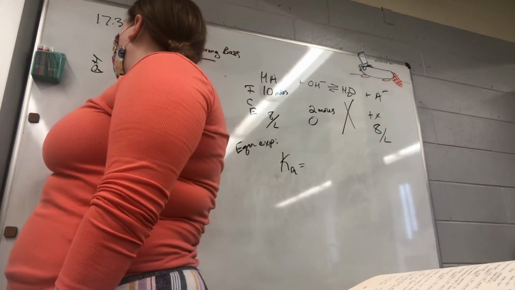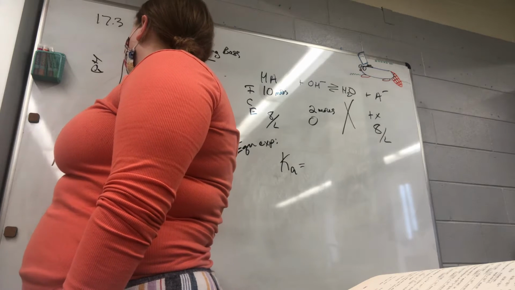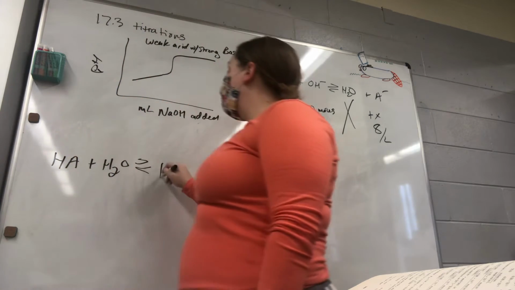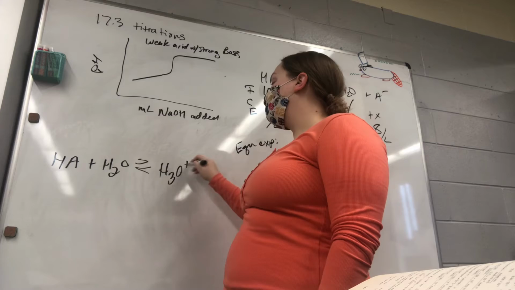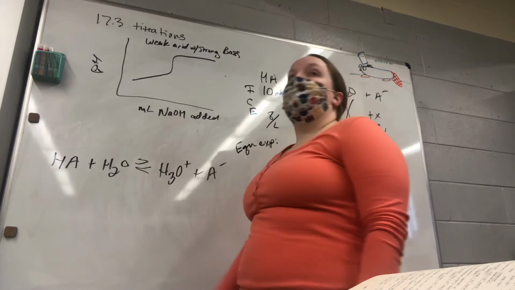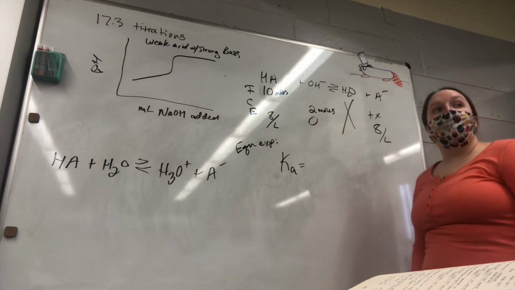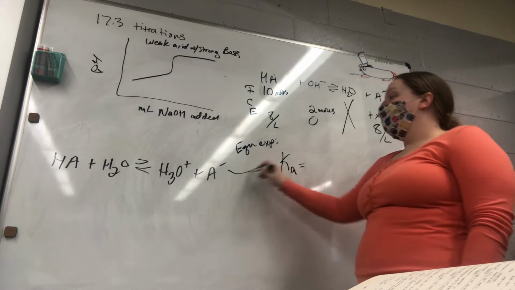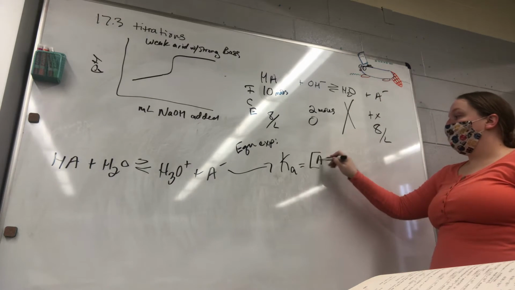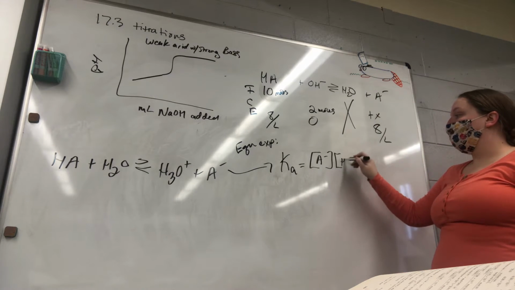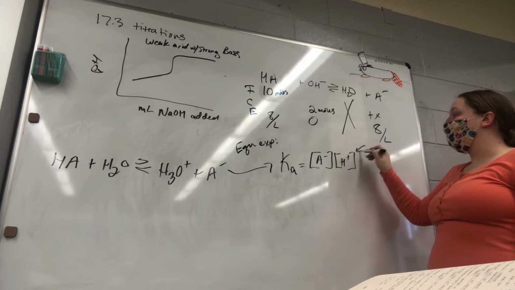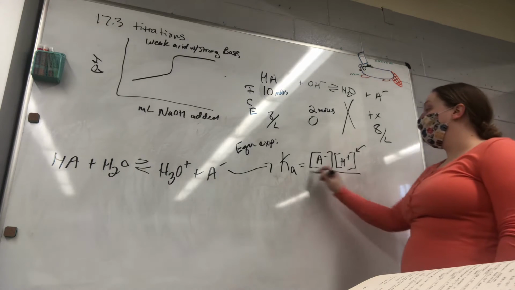You have to write out the acid reaction in order to actually get the correct Ka expression. The goal here is to find this H plus concentration.